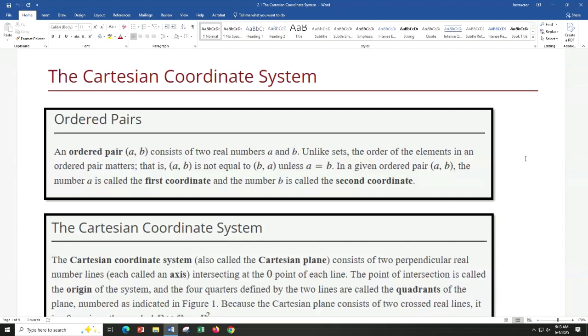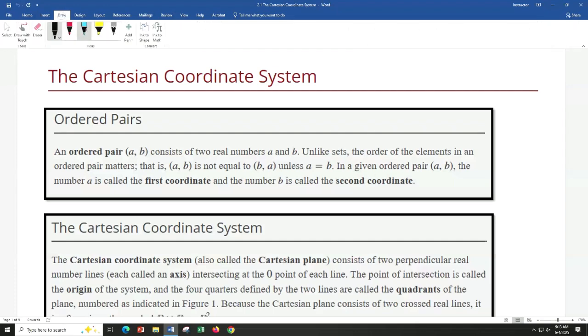You can't flip those, unless a equals b, okay? In a given ordered pair (a, b), the number a is called the first coordinate, or what we like to call the x value. And b is called the second coordinate, or what do you think? y. Exactly. Okay, very simple.